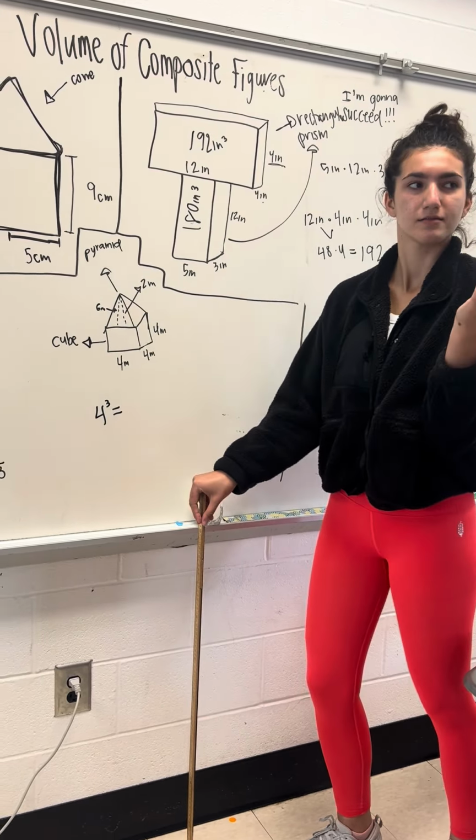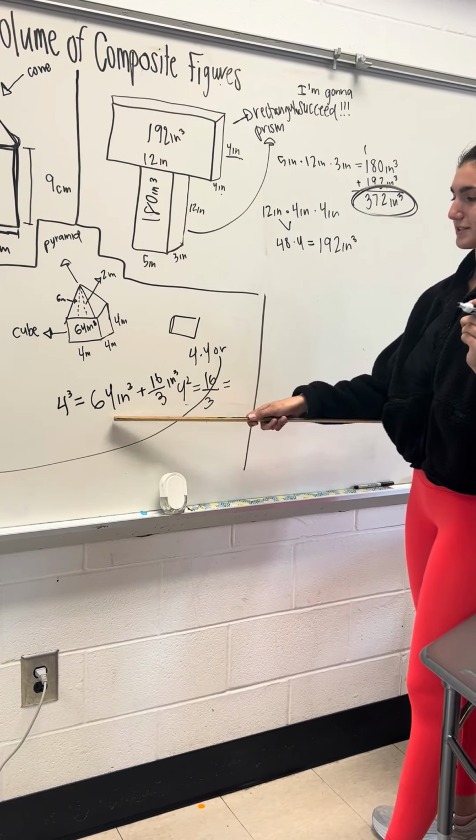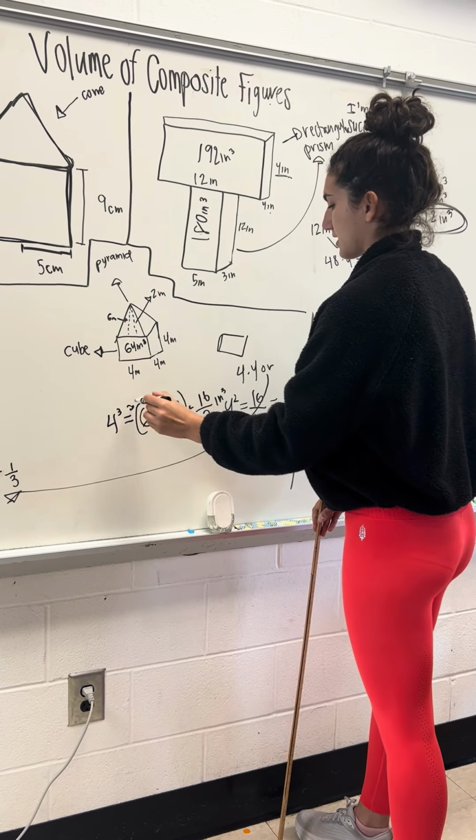Well, we can simplify that. So now we have to add 64 plus our 16/3 inches cubed, and we need to make common denominators, don't we? So we need to multiply this by 3.